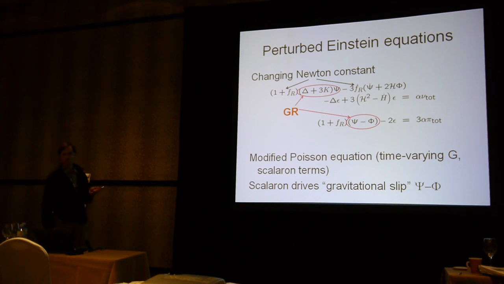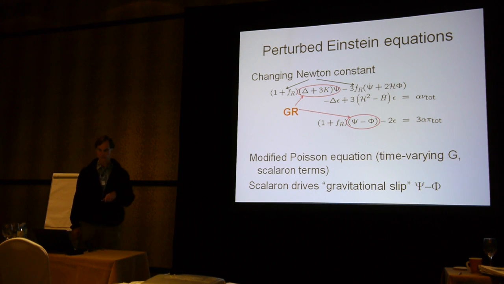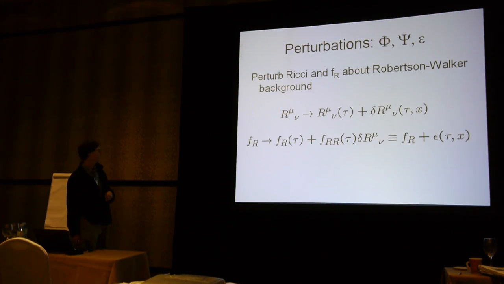This is the Poisson equation for the curvature potential psi. It gets modified in the case of f of R theories in two ways. One is that effectively the Newton constant has changed by a factor of 1 plus f sub R. Where does that come from? Let me back up.